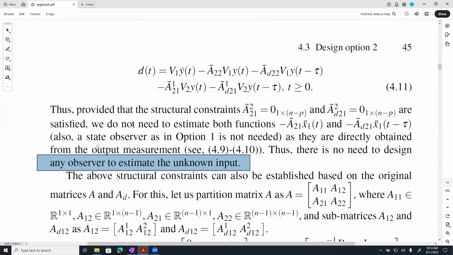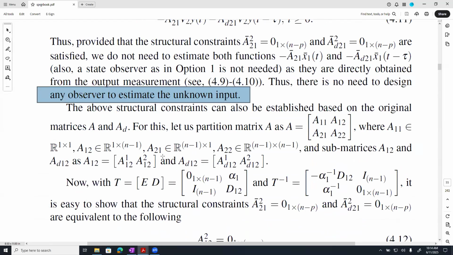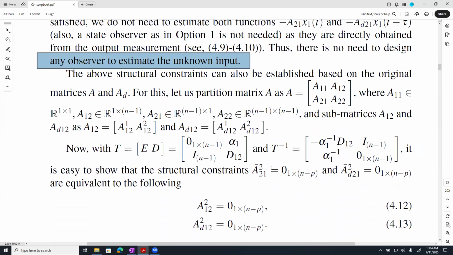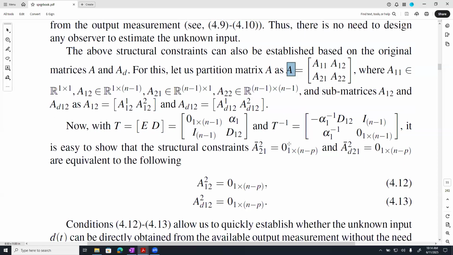Now, we also went a little bit further than that, and exploited the relationship between this row matrix being equal to 0, and this row matrix being 0, and how they are linked to the original matrix A and the original matrix I. And we show that these two relationships are equivalent to that.